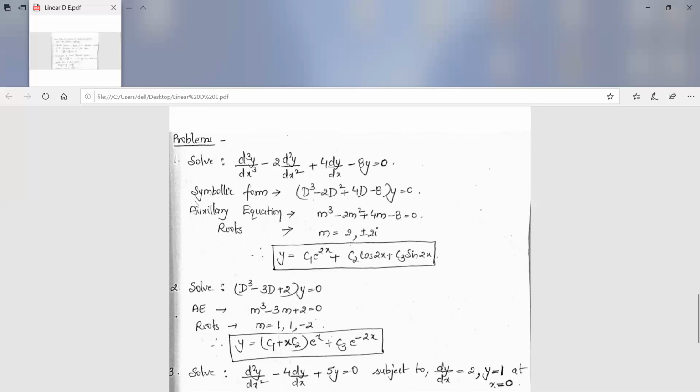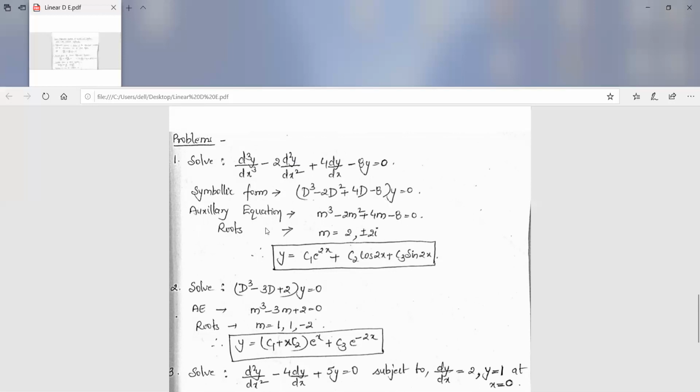Step 1, we have to write the symbolic form. To write that, convert d by dx to capital D with the same powers 3, 2, 1. So the equation will convert into D cube minus 2D square plus 4D minus 8, taking y common, equals 0.